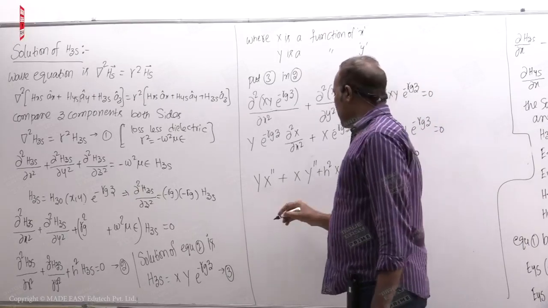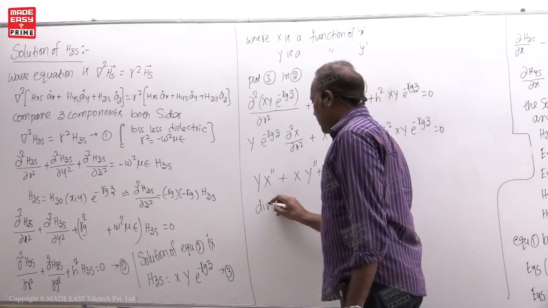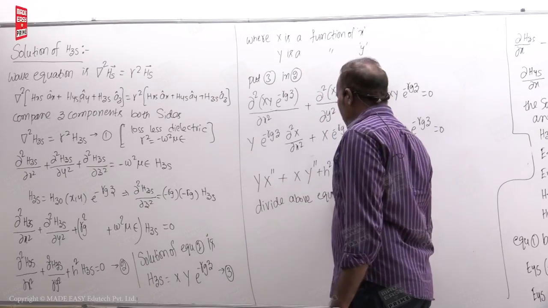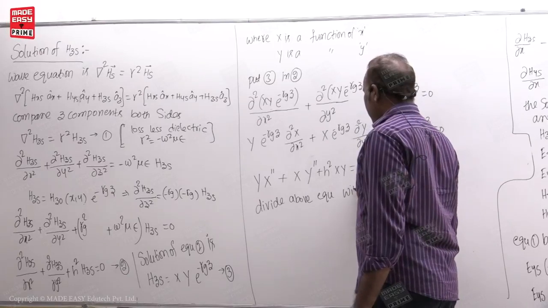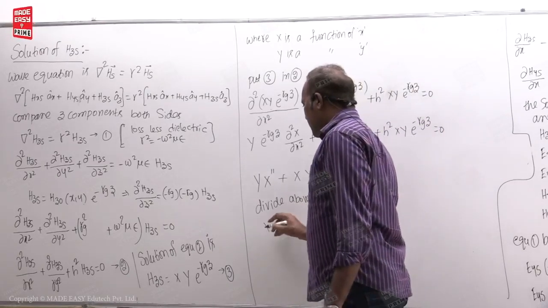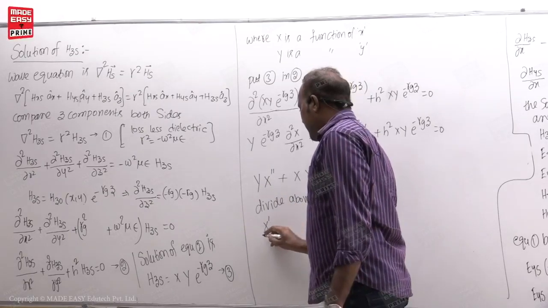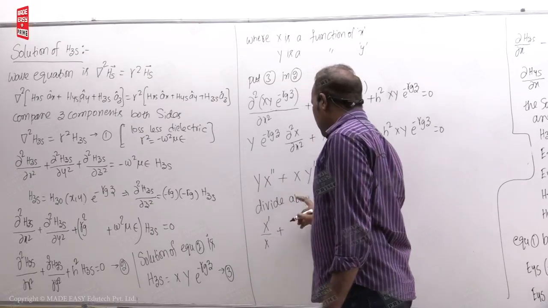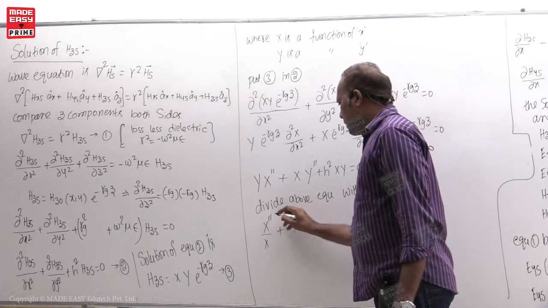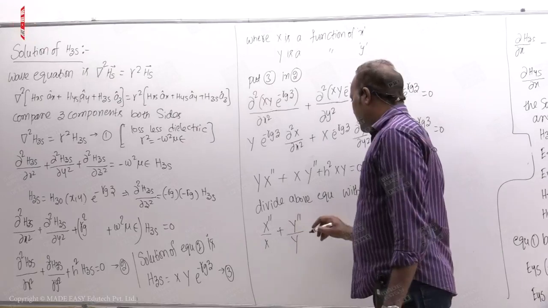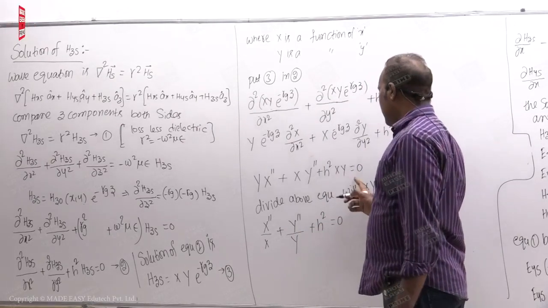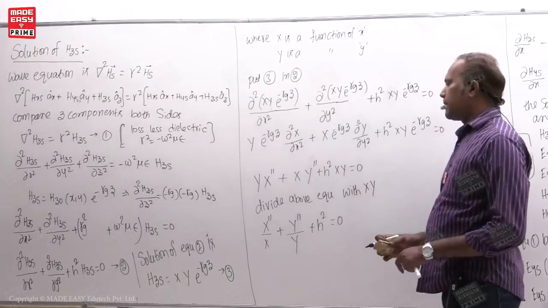So you divide the above equation with XY, then Y cancels, so X double dash by X plus, dividing with XY, X cancels, so Y double dash by Y. Here XY you take common, so XY cancels.